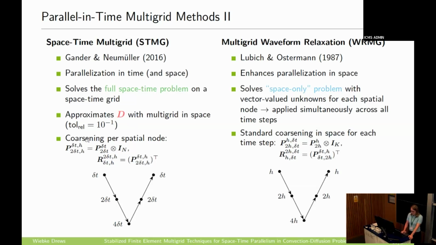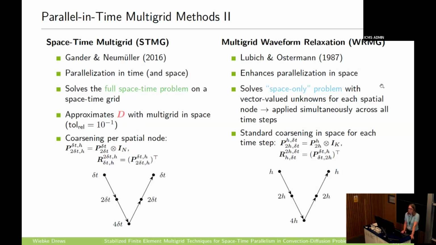So if we only do coarsening in time per spatial node, then we get a V-cycle like this. On the fine level, we have a time step size delta t, then we double it on the coarser level. On the other hand, multigrid waveform relaxation was introduced by Lubich and Ostermann, and it is not parallel in time, but enhances parallelization in space.